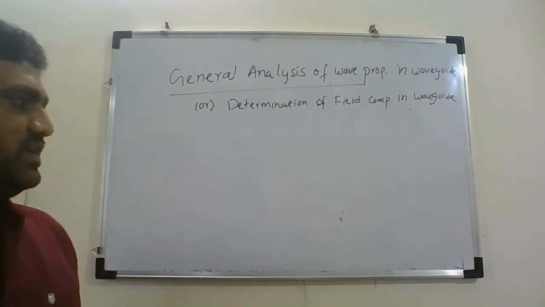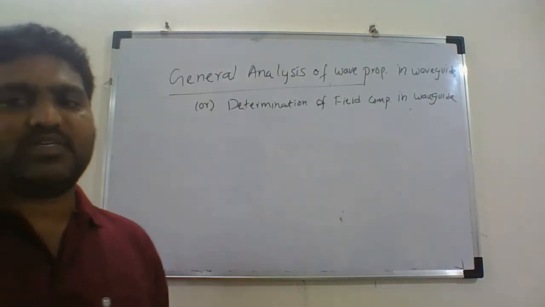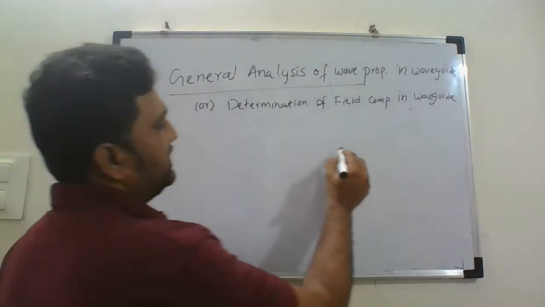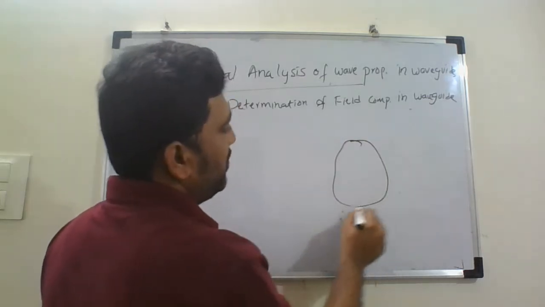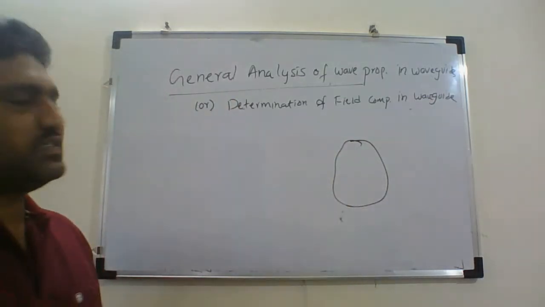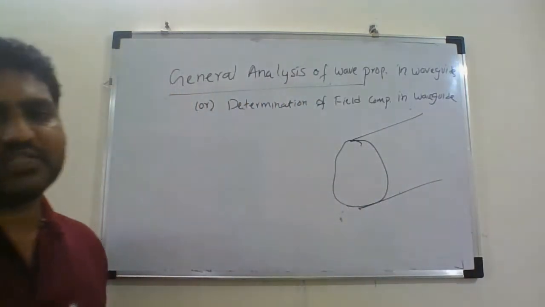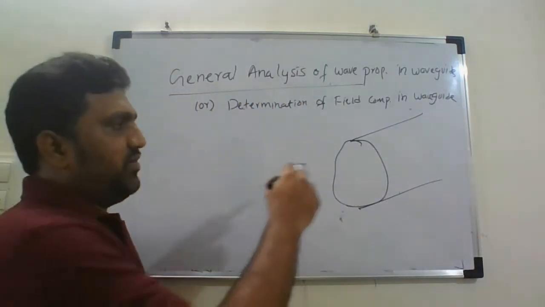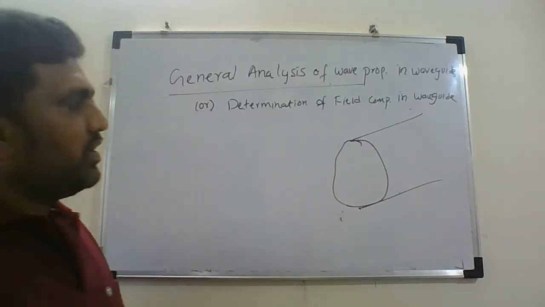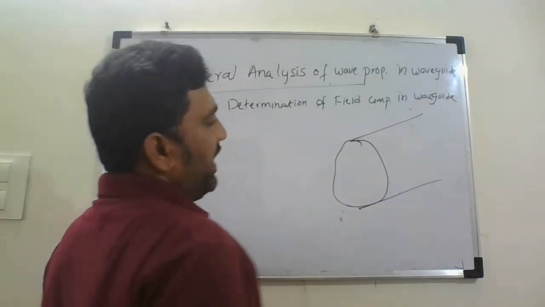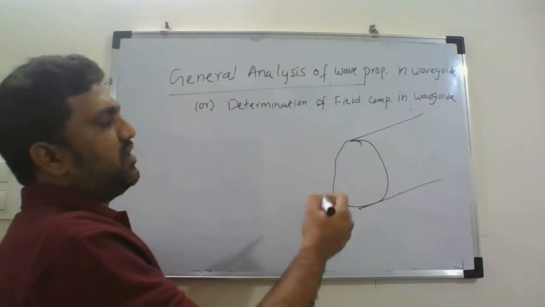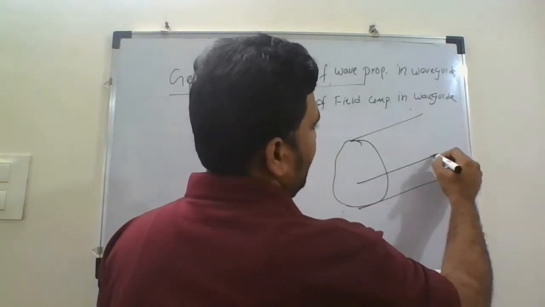For this, let us first take up a setup. Let us assume I have a waveguide of some arbitrary shape, not necessarily rectangular or circular or planar, anything. In this waveguide, I have two directions that are of importance. We discussed this earlier also.